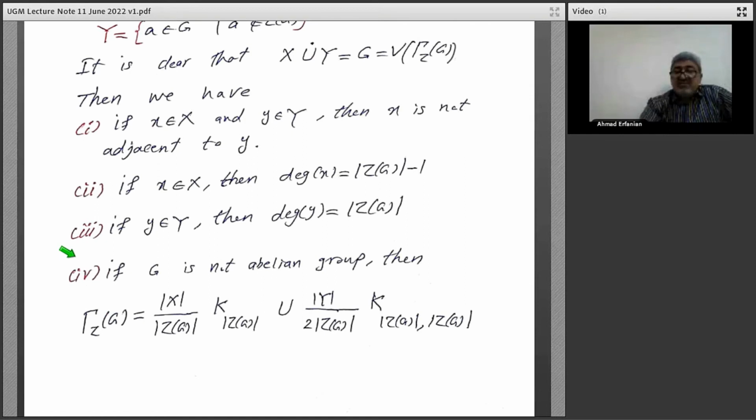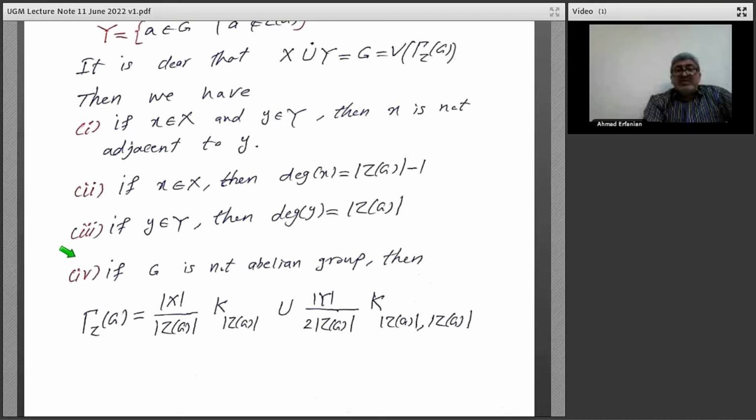Here we can see that if we have x in set X and y in set Y, then x is not adjacent to y, so we don't have any edge between vertices from X and Y.